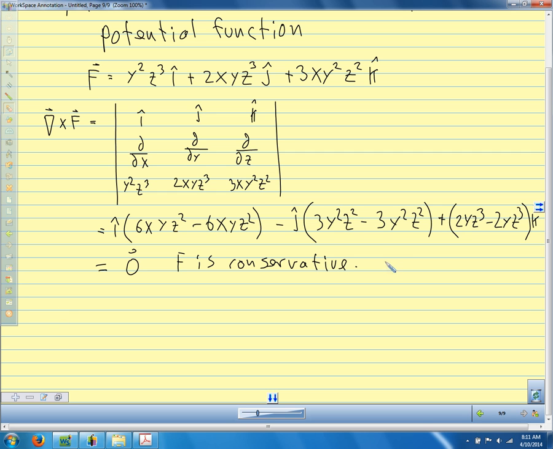I'm just going to write in a little notation. So f is the gradient of some scalar function. And this first component tells us the partial derivative with respect to x of our scalar function is y squared z cubed. So I'm going to integrate that with respect to x.